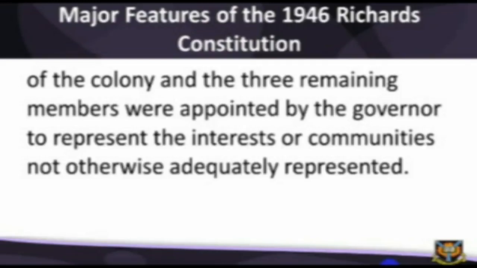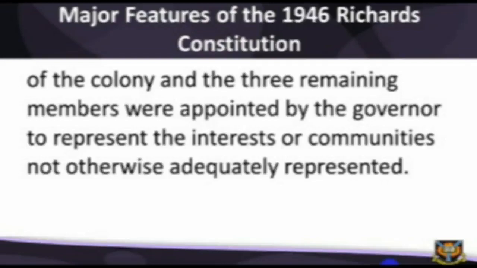Each assembly was empowered to make laws for the peace, order, and good governance of Nigeria as a whole, while the governor still retained the power to veto legislation if he considered it expedient to the interest of public order, peace, and good government.